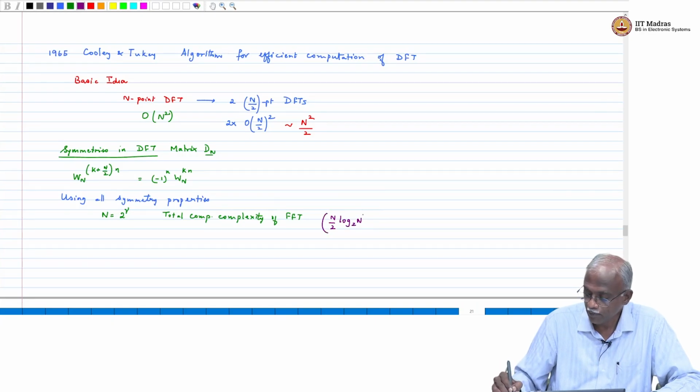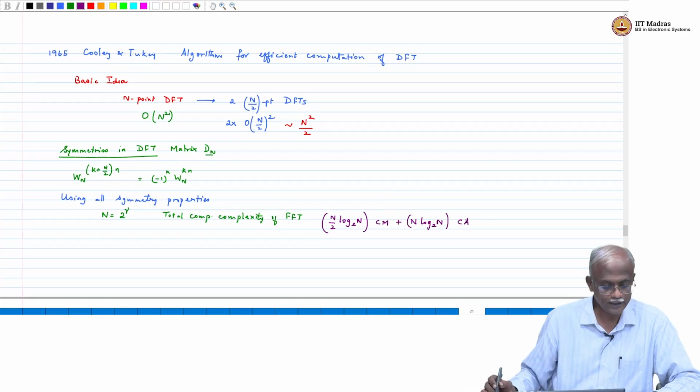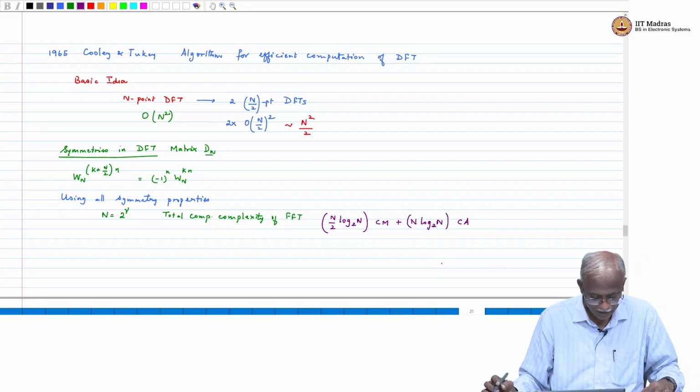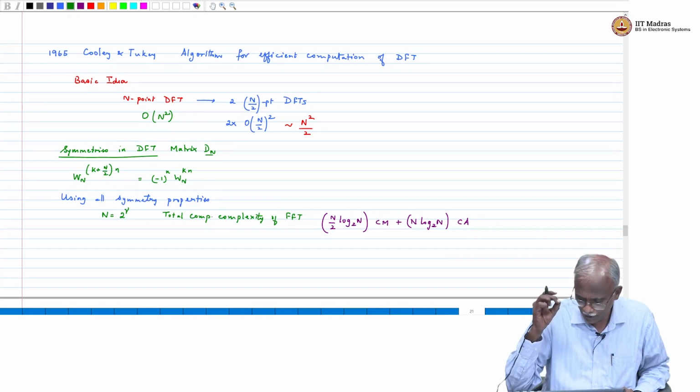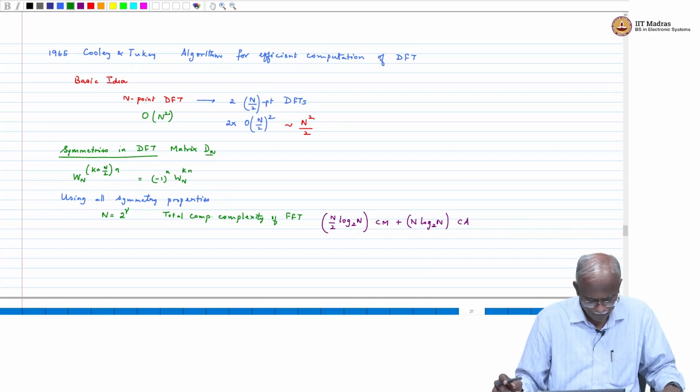This is the number of complex multiplications, and then you get n times logarithm base 2 of n complex adds. This is something you should look at very carefully. This is extremely significant.